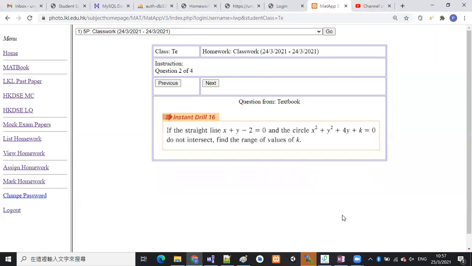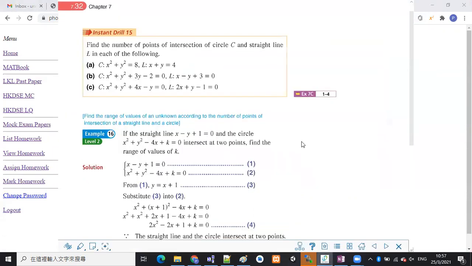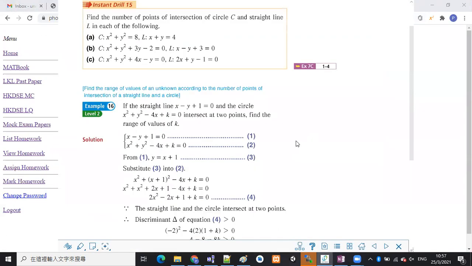It should be this. I need to do the example 16 first. Example 16.